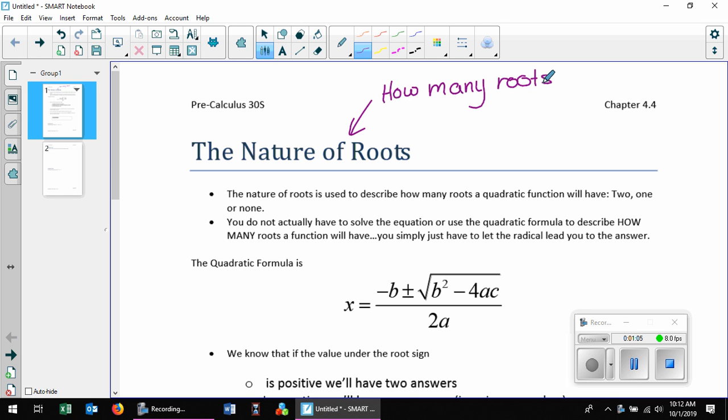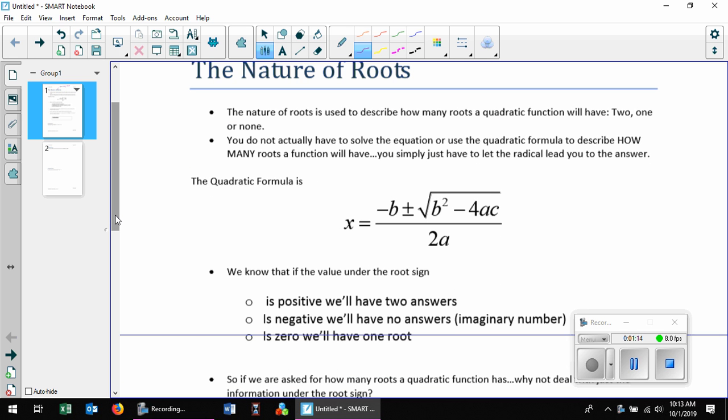So we're talking about how many roots today, and we're not actually figuring out where they are on the graph. All right, so here's the thing. We just had this happen over here with this question. It doesn't matter if you add 0 or take away 0. It has no bearing on that negative 8, right? Do you guys agree with me? And how many roots did I have? When we talk about roots, roots are x-intercepts.